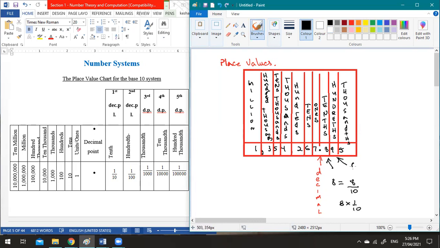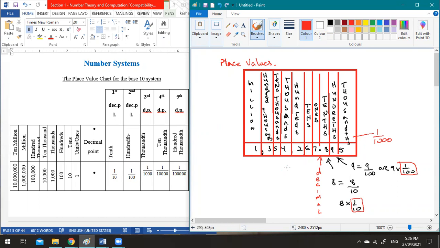The 9 is really 9 over 100, or 9 multiplied by 1 over 100. So the place value is really 1/10 or 100th. And in this case, it will be 1 over 1,000, right?